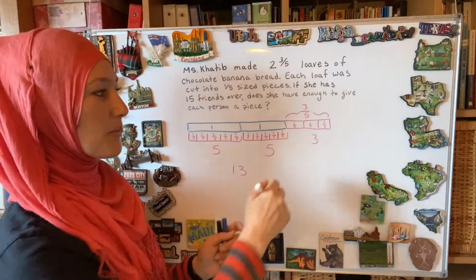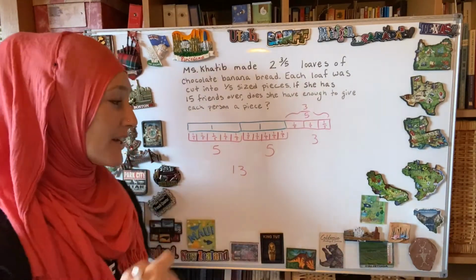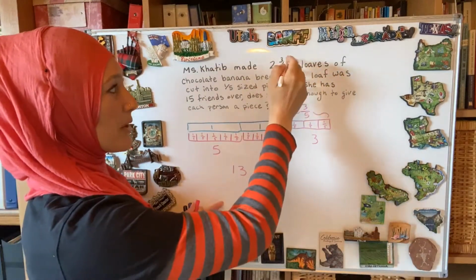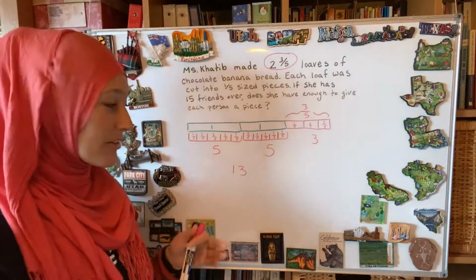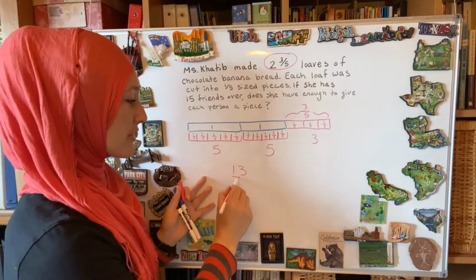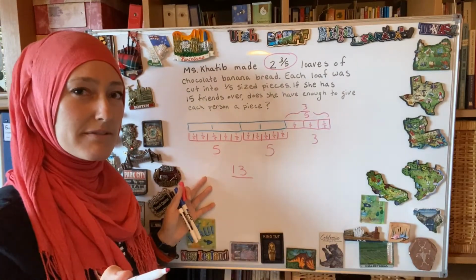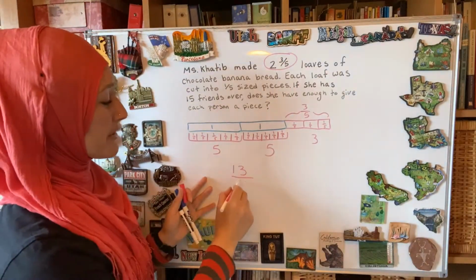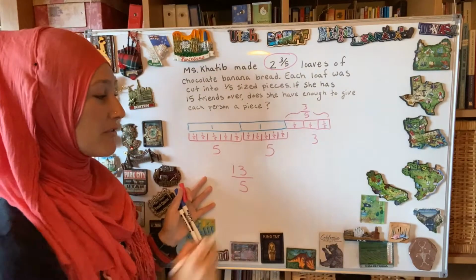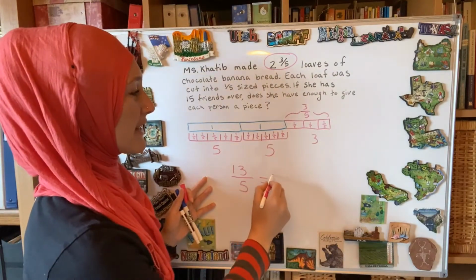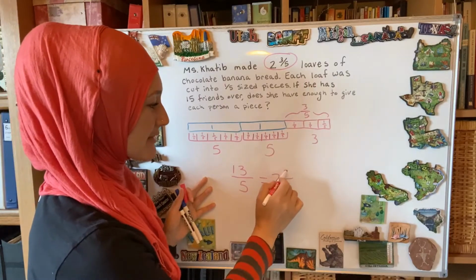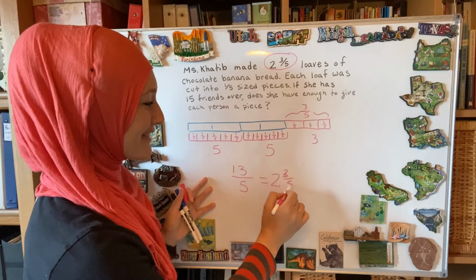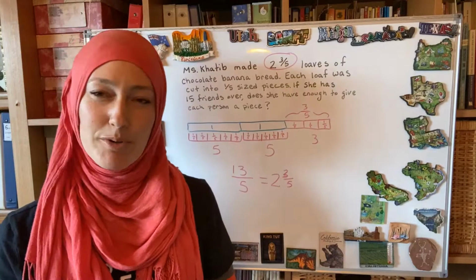The part is a 1/5 sized piece. So renaming this mixed number as a fraction will look like 13 over, what's the size of the part? A 5th sized part. So it's going to be 13 over 5. That is equivalent, or that's the same as saying 2 3/5. So that's kind of where we're going with the lesson.